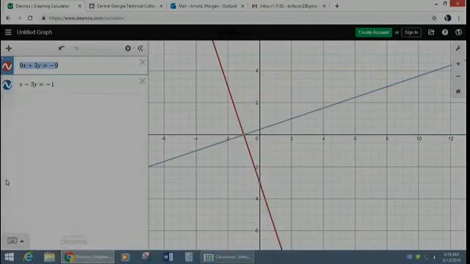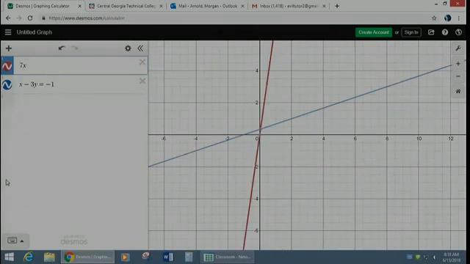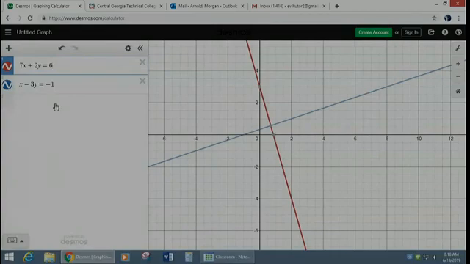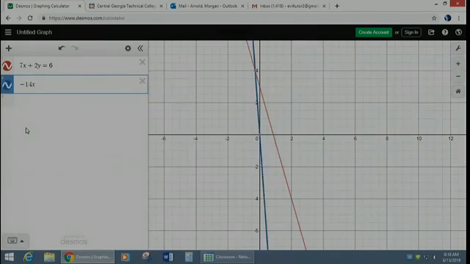But I wanted to show you what will happen now. The first equation is 7x plus 2y equal to positive 6. And our second equation is negative 14x minus 4y equal to negative 12.